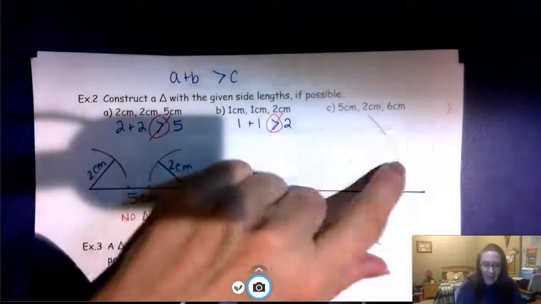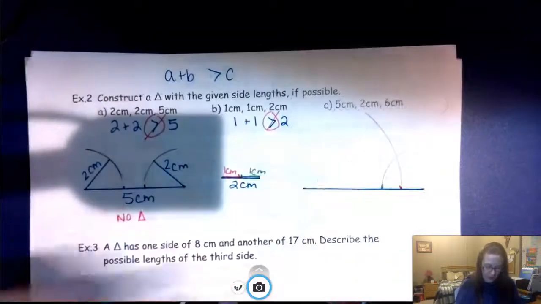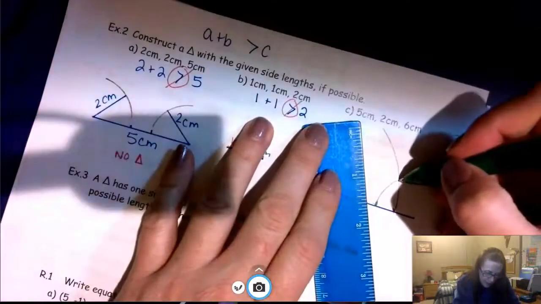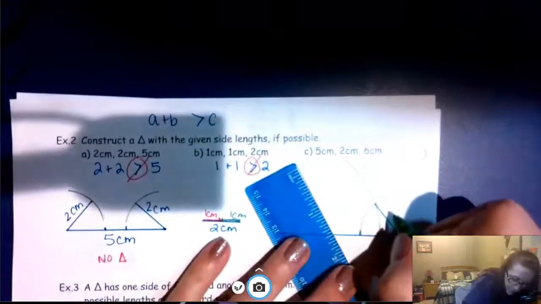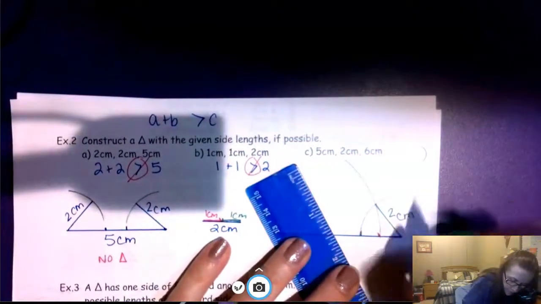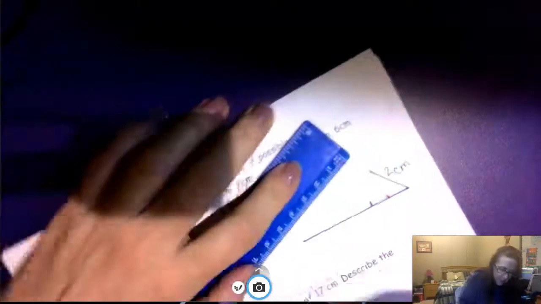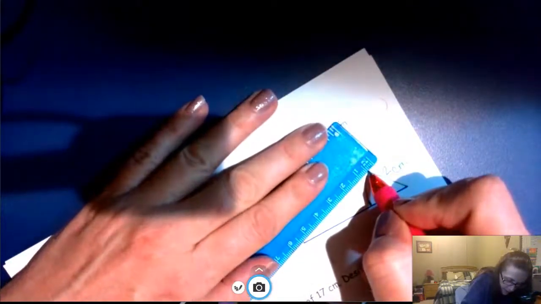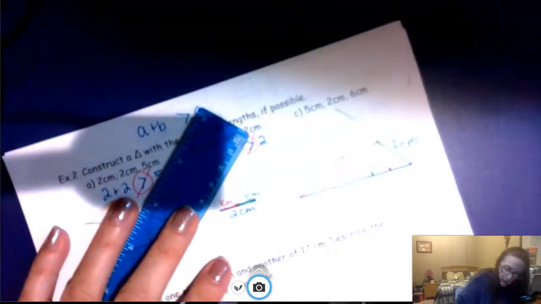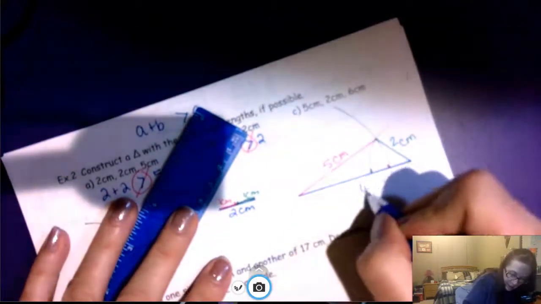So I have a point where they are supposed to meet. So from this side over here, the 2 centimeter one is going to be right here. My 5 centimeter one will be here to the vertices, or to the end point. And this is my 6 centimeter.